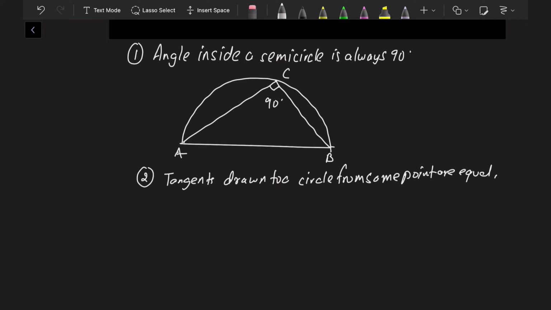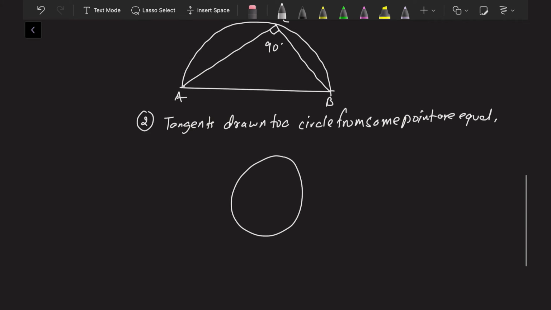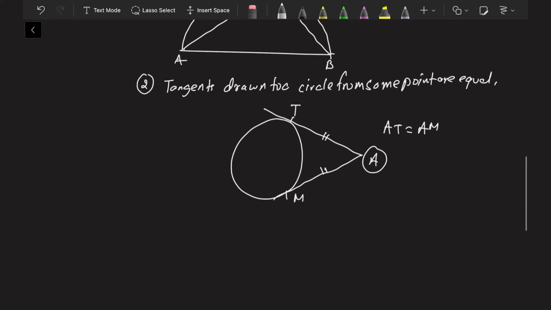Now what this theorem says is that if there is a circle and you choose a point A, and from that point A you draw one tangent, and from the point A you draw another tangent, say T and M are the points of contact, then the length AT would be equal to the length AM. So the statement is that two tangents drawn to a circle from the same point are of equal length.